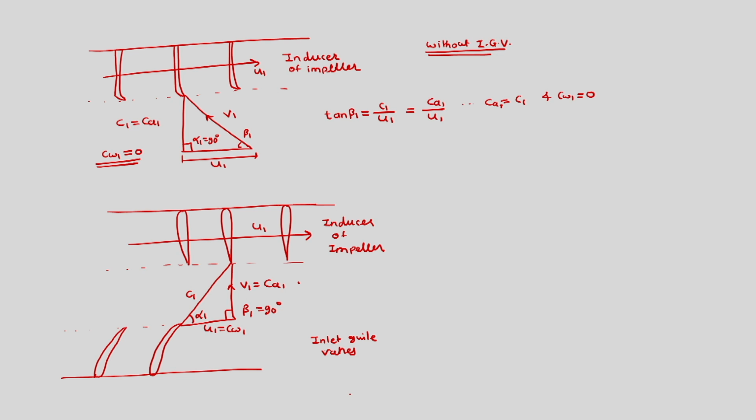Having said this, we will mention what are the things related to the inlet guide vane. Due to the inlet guide vane, the relative velocity approaching the rotor decreases, as what we can see here.